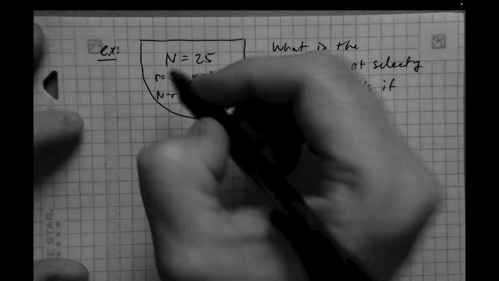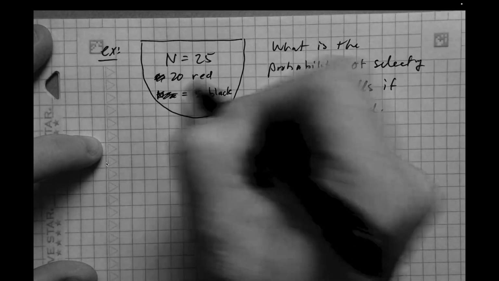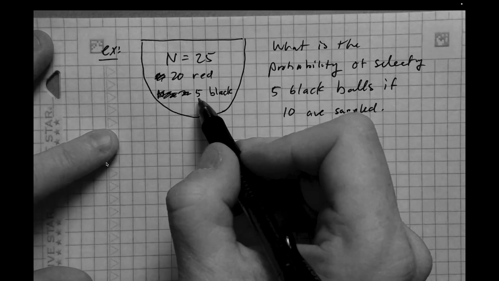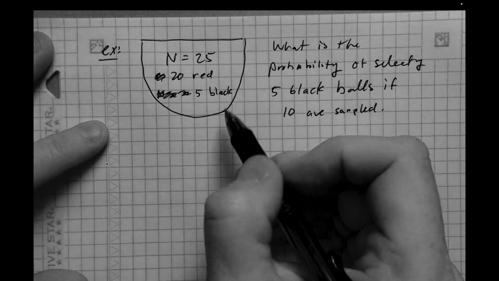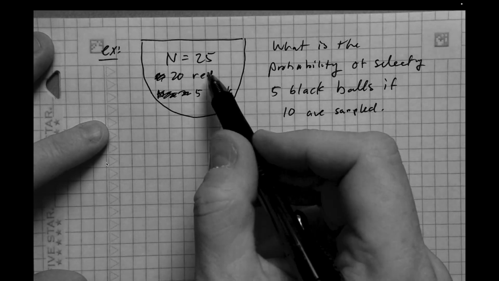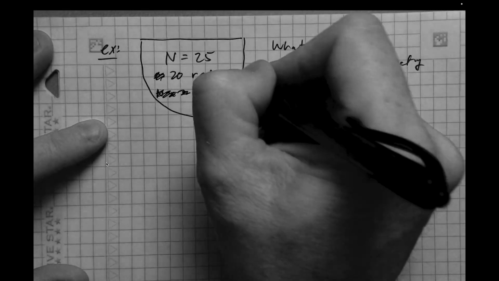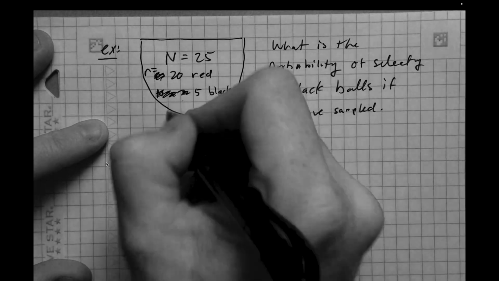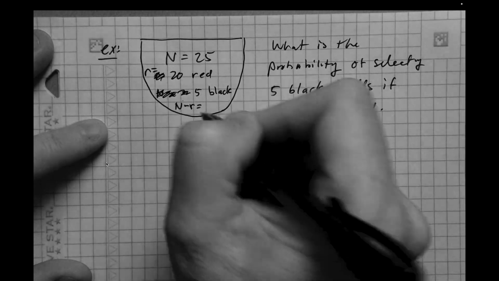I actually wrote this a little bit backwards here. In this case, R equals 20, and N minus R equals 5.